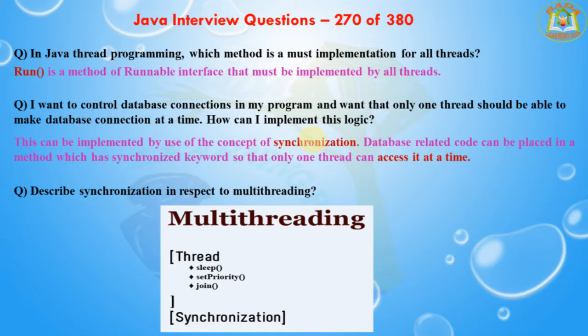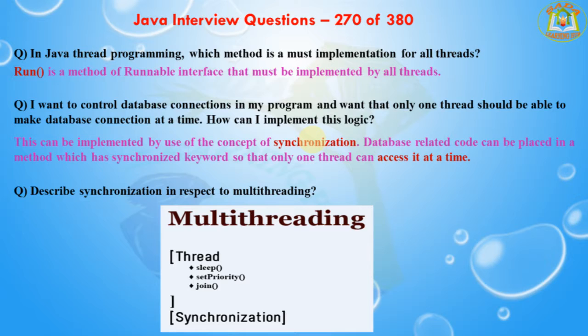How can I implement this logic? This can be implemented by using the concept of synchronization. Database related code can be placed in a method which has the synchronized keyword, so that only one thread can access it at a time.